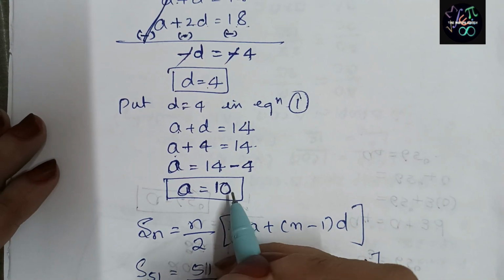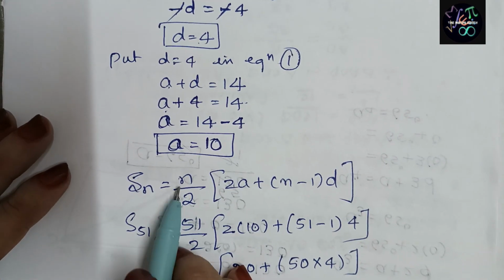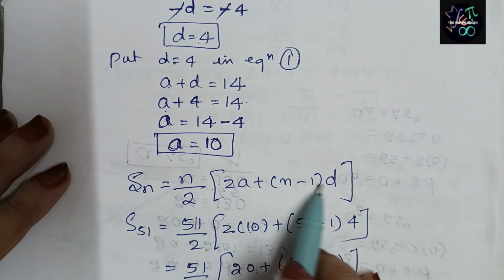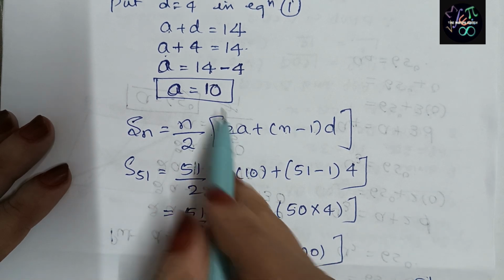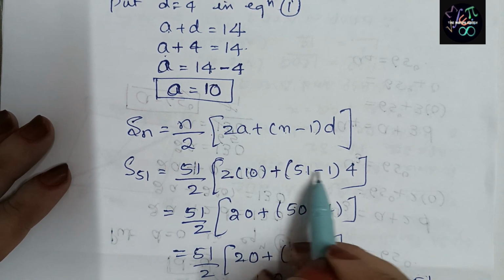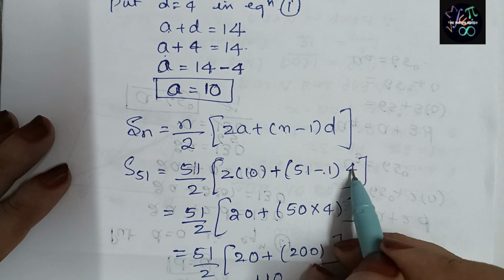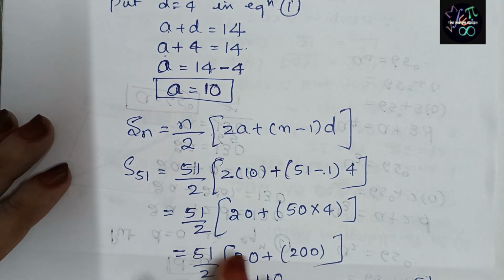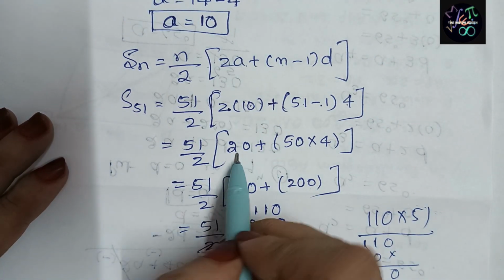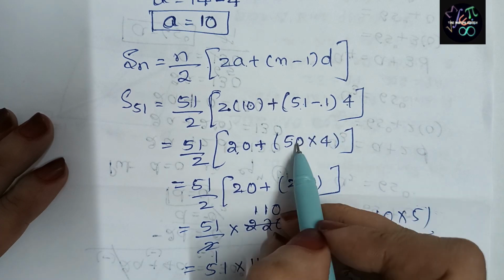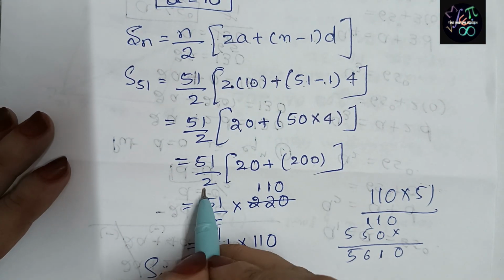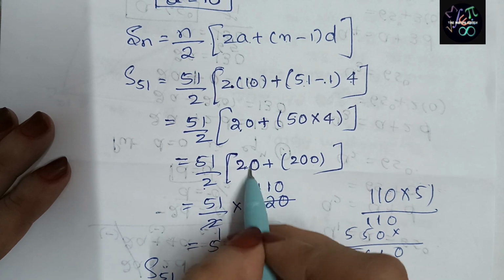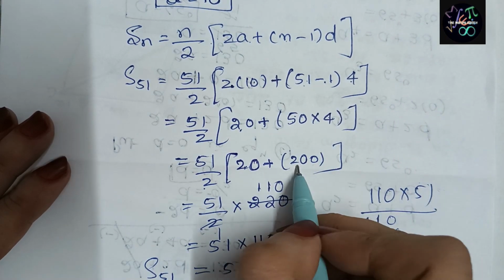Now they have told us to find S51. So Sn is equal to n by 2 into 2a plus n minus 1 into d. S51 is 51 by 2, 2a value is 10, plus 51 minus 1, the d value is 4. 51 by 2 as it is, 2 tens are 20 plus 50 into 4, which is 200.